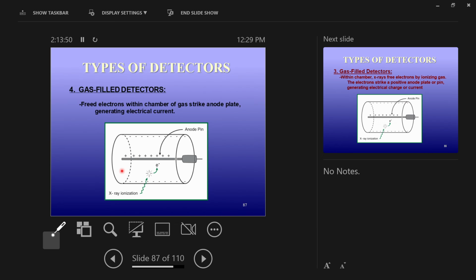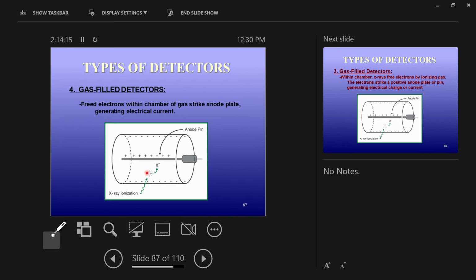If you put gas that is sensitive to specific energy levels inside of a detector, and you put a pin down the middle of the detector and run a positive current through that pin, which is not hard to do, and you run a negative current through the walls of the detector, any ionization of the gas will free an electron.